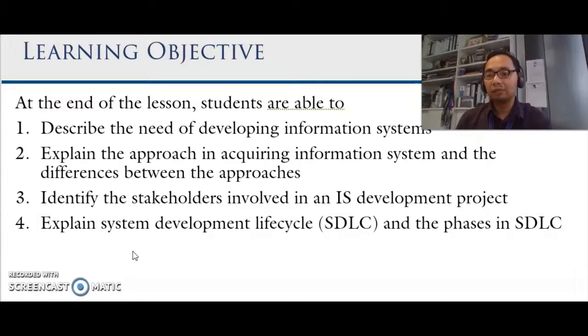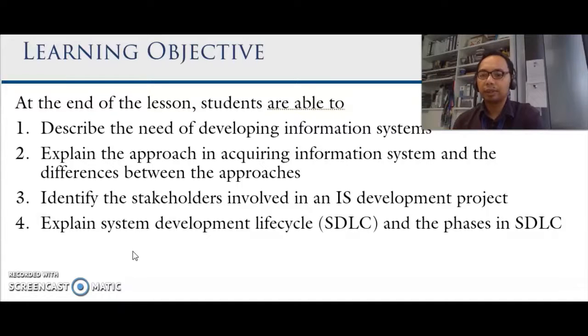So the design phase is where you would produce technical models and technical documents. The implementation phase, which is after the design phase, is where the programmers develop whatever is based on the technical documents. So all the development will be done in the implementation phase.